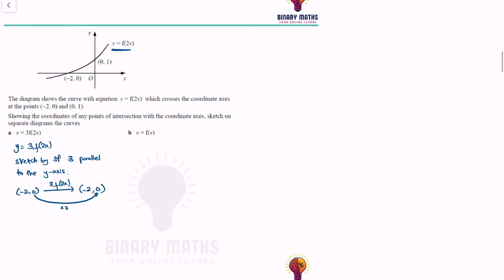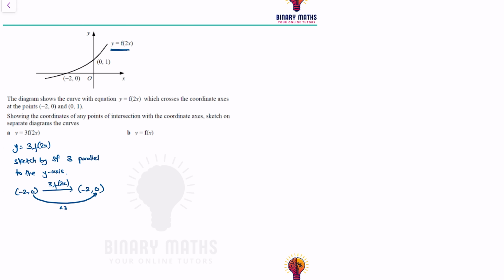And in a similar way, for the other one, 0, 1 under the map of 3 times f of 2x, only the y will multiply by 3, so 0, 3. Only the y value will multiply by 3.